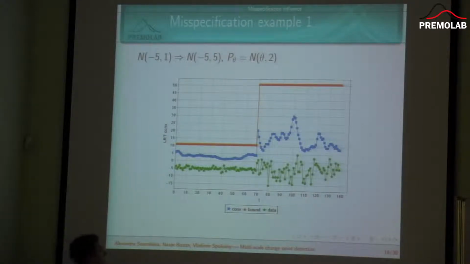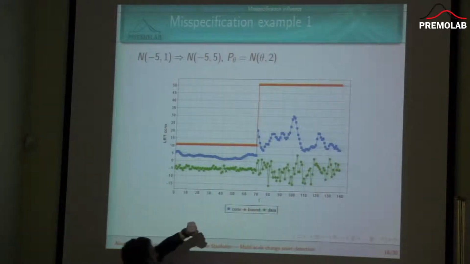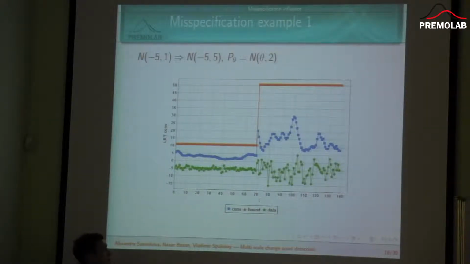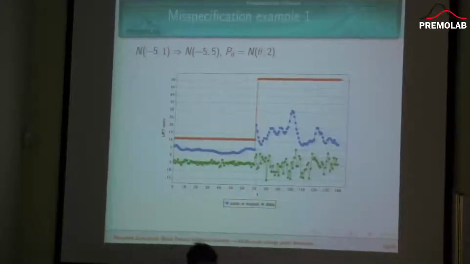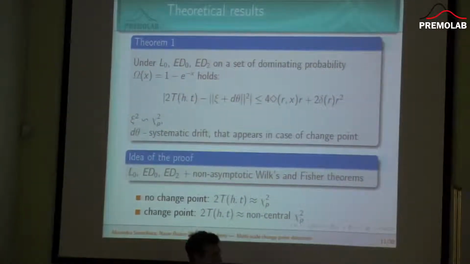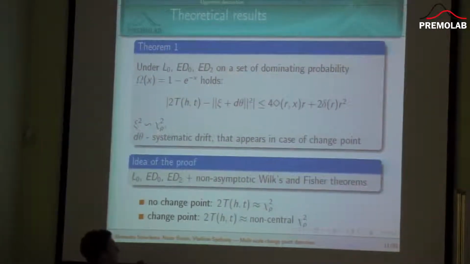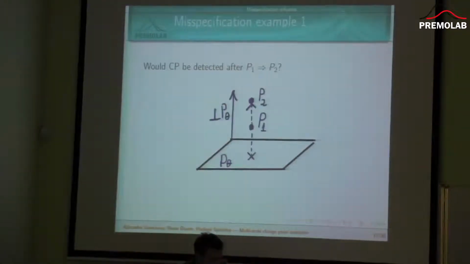In this plot, I displayed the data by the green points. Blue is our statistics by which we detect the change points, and the orange line is the critical value for xi plus the theta parameter, which is defined by bootstrap simulation.